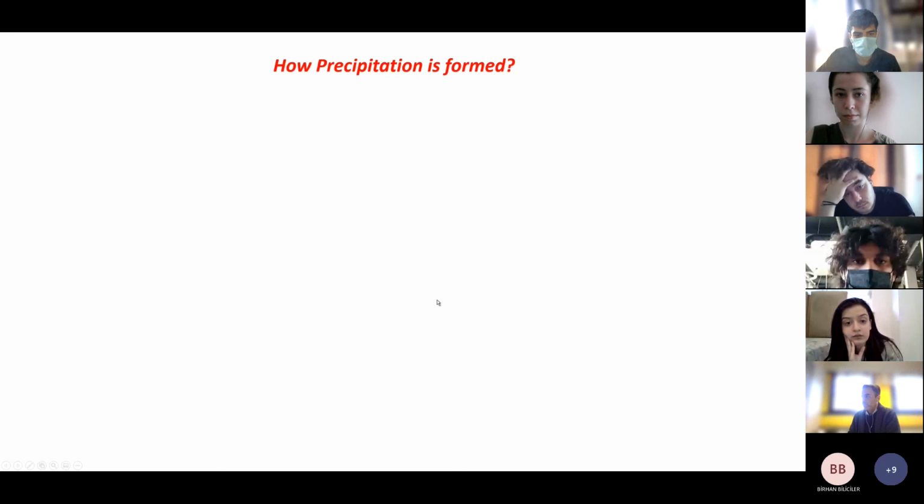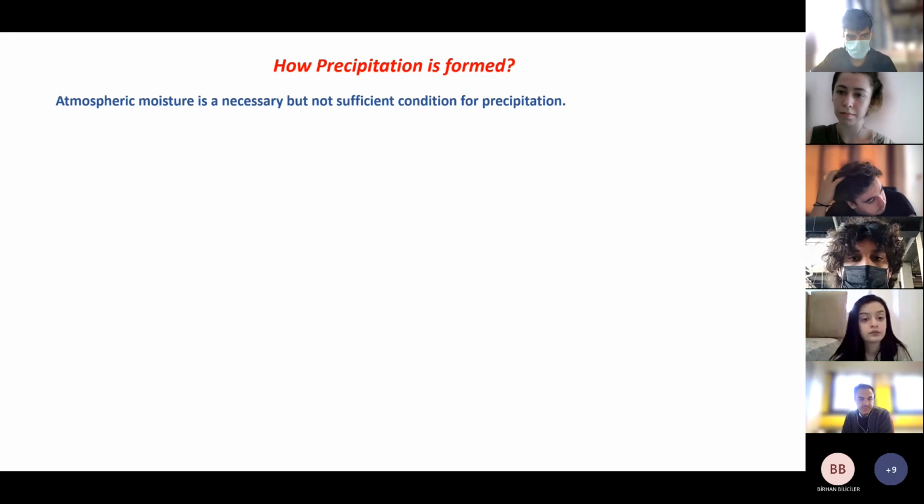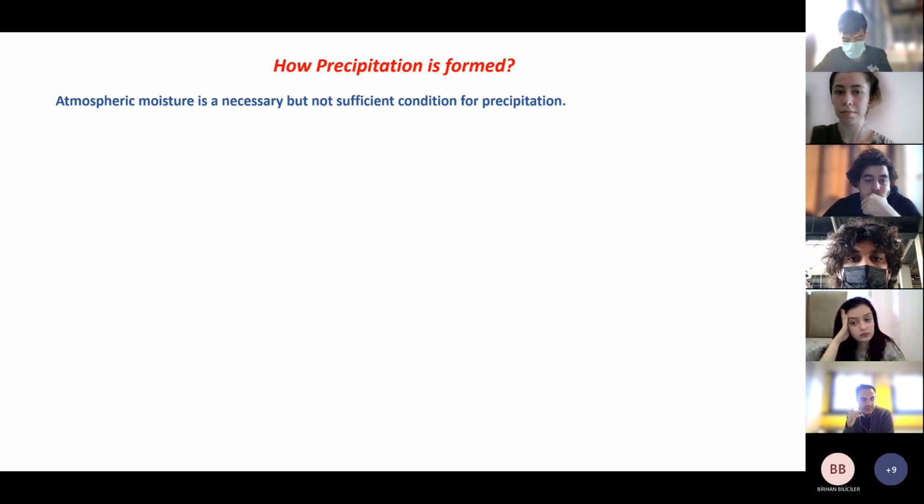So now we talked about different shapes or kinds of precipitation. The question is how precipitation is formed. In general, you know it. In the first session, when we talked about the hydrologic cycle, I talked about the process of vaporization, condensation, getting cold, and coming down.